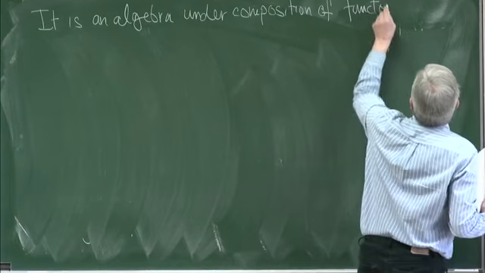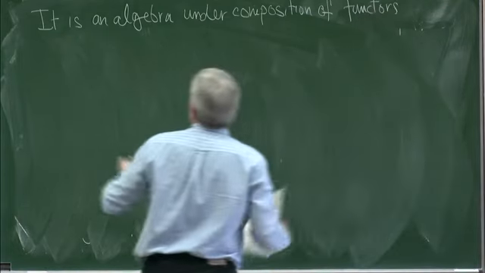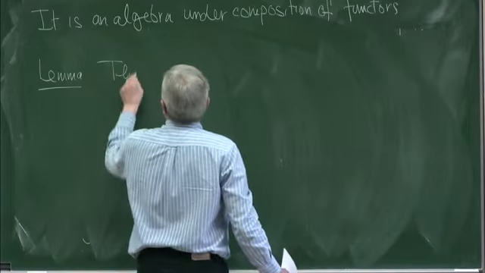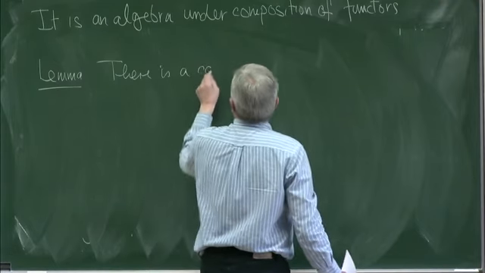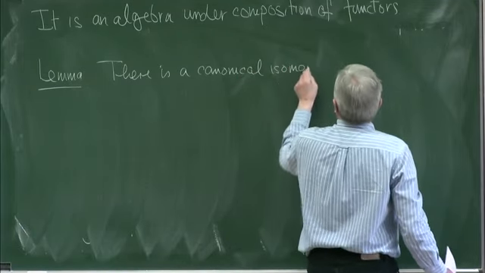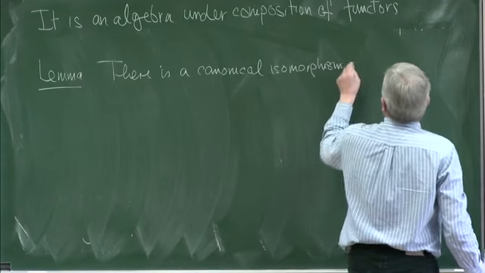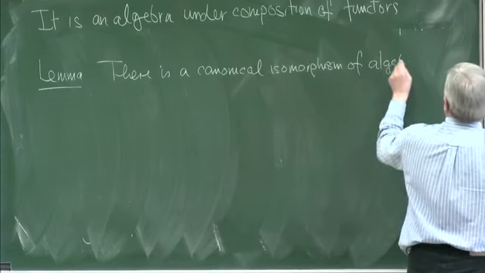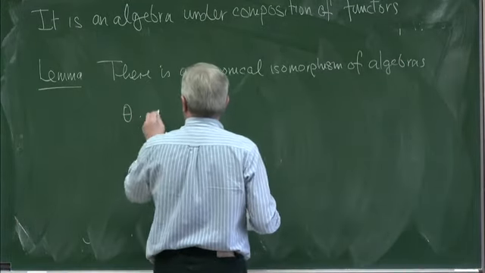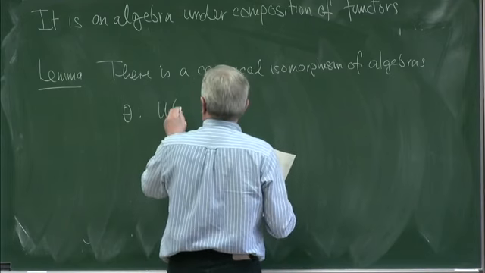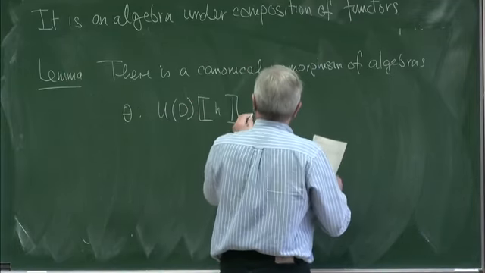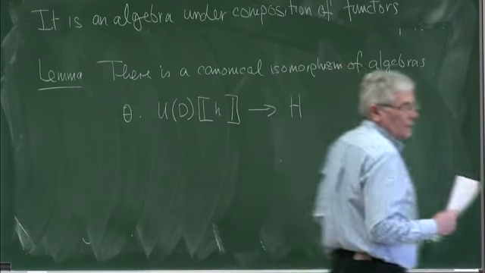And actually, what algebra is it? In fact, there is a canonical isomorphism theta from U(D), the universal enveloping algebra of D, into H. So as an algebra, I've done nothing.